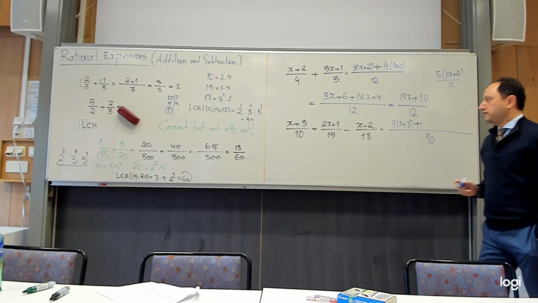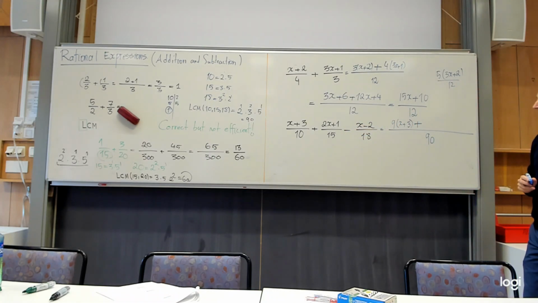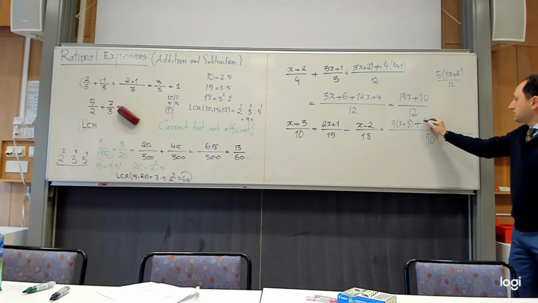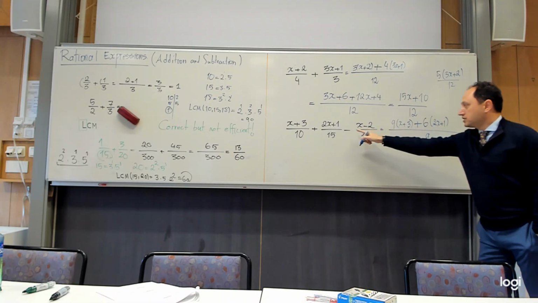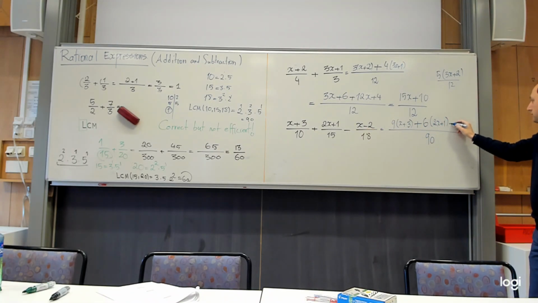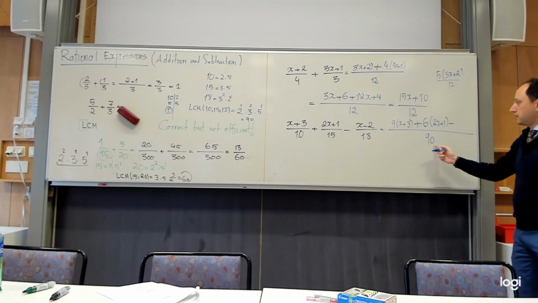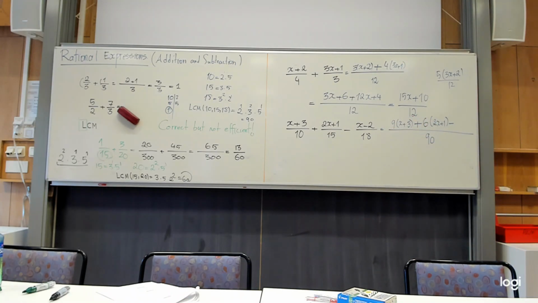90 divided by 15 is how many times? 6. Yes. And then I multiply 6 by the numerator. But the next operation is subtraction, so put the subtraction here and repeat the process. 90 divided by 18 is 5, and then you multiply 5 into the numerator.